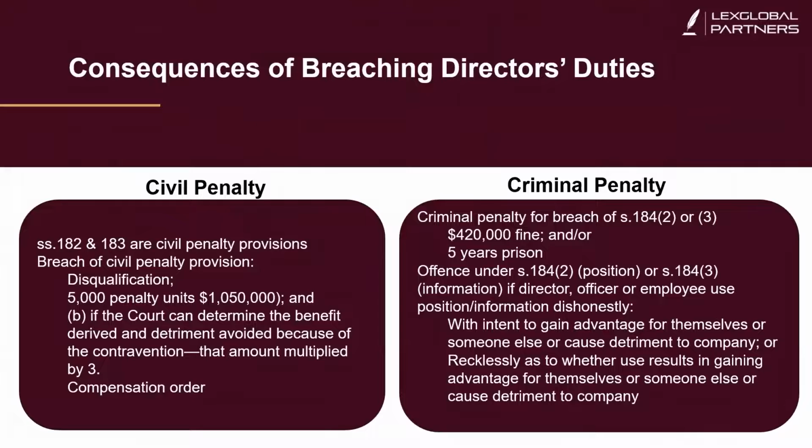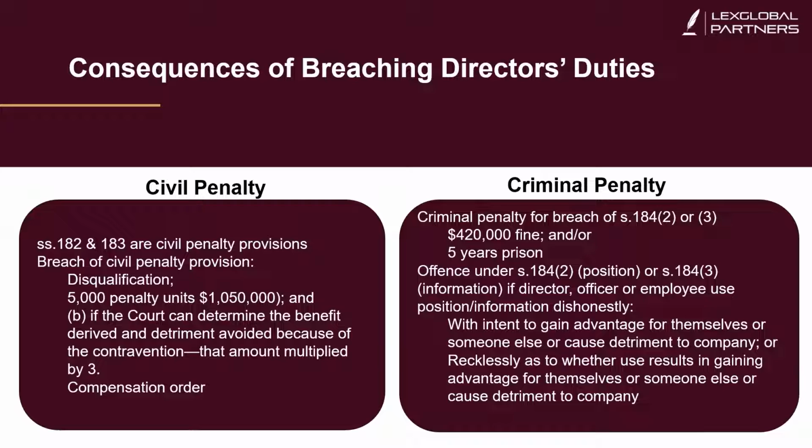Civil penalty is mostly in the form of a fine or disqualification. Sections 182 and 183 of the Corps Act cover civil penalty provisions: breach of civil penalty provisions can lead to disqualification, or 5,000 penalty units, which is around 1 million.